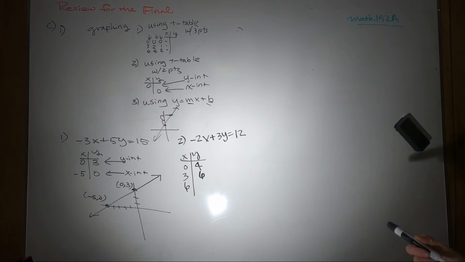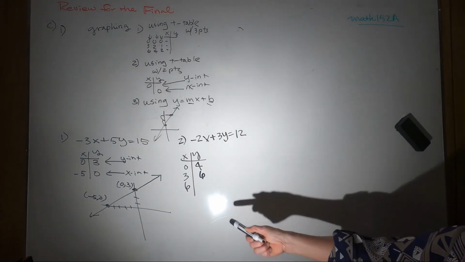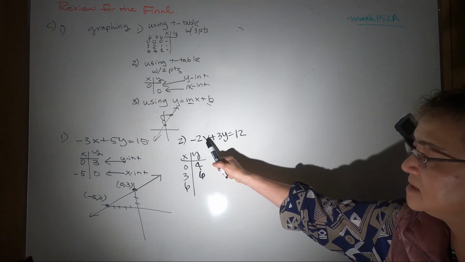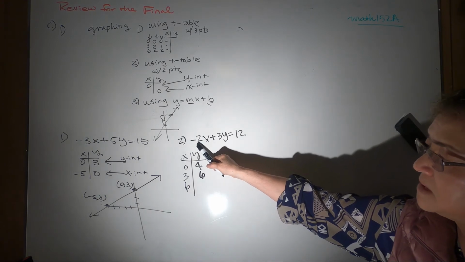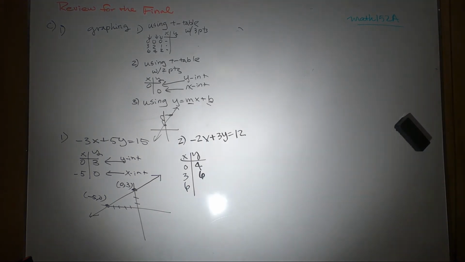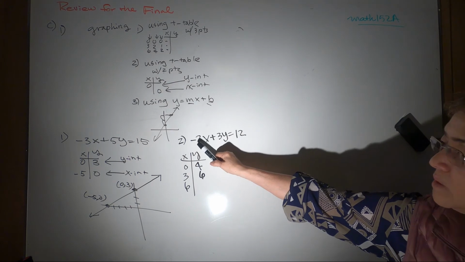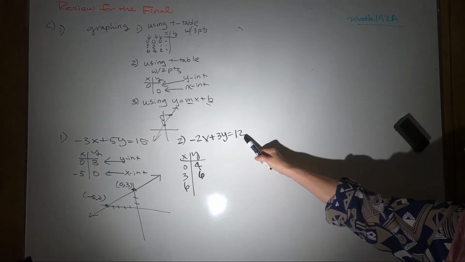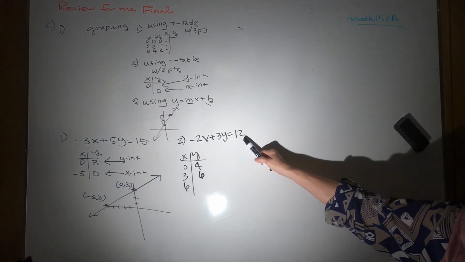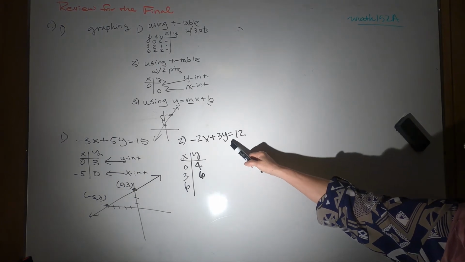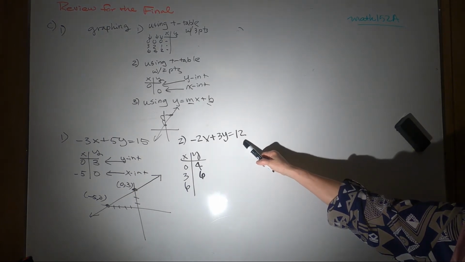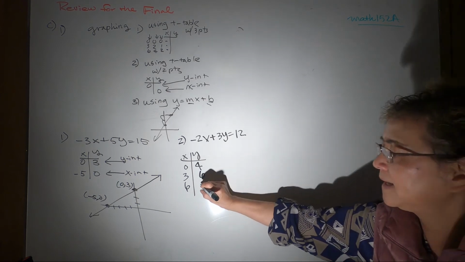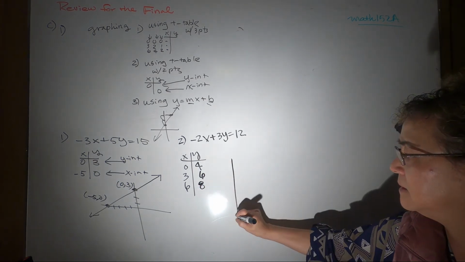I didn't write down everything, but you should be able to figure it out. So x is 6. 6 times negative 2 is negative 12. Add 12 to each side. That will be 24. 3y equals 24, divided by 3. Y is 8. Is that right?